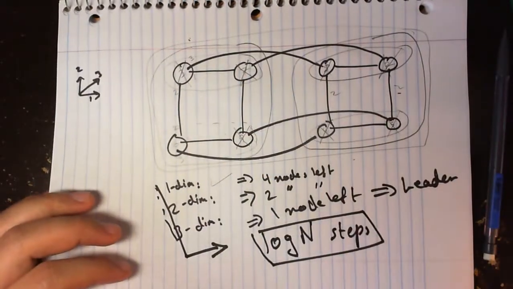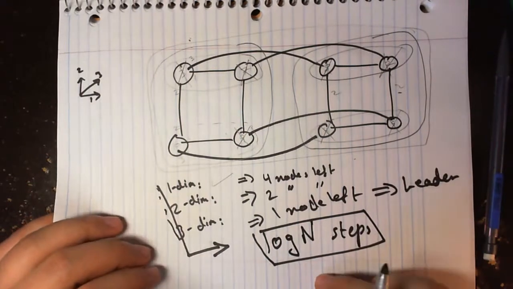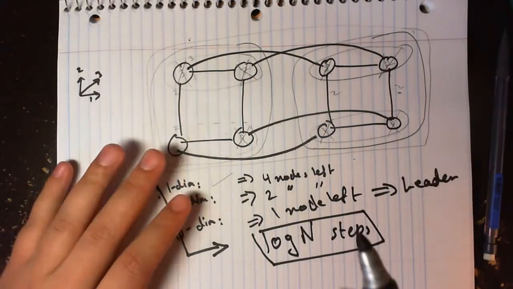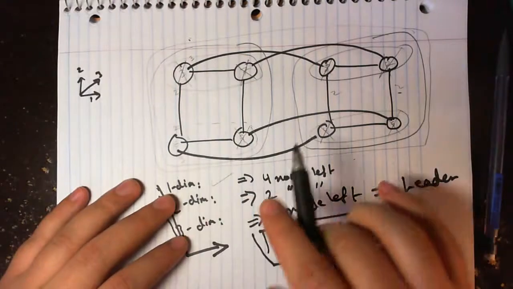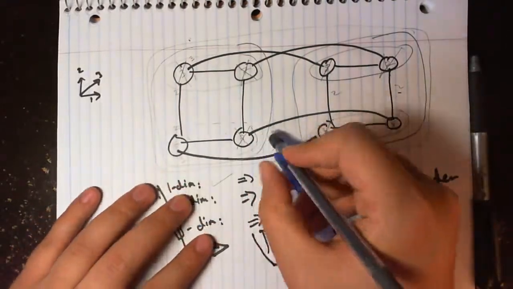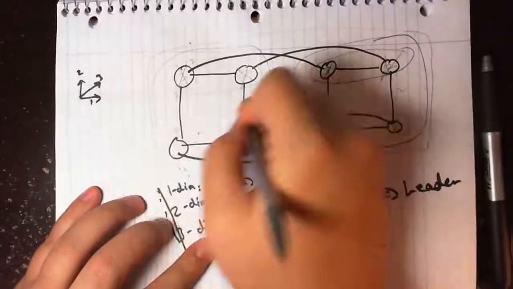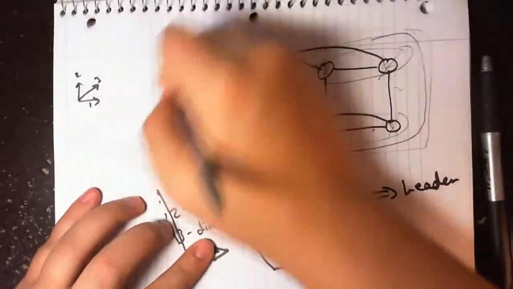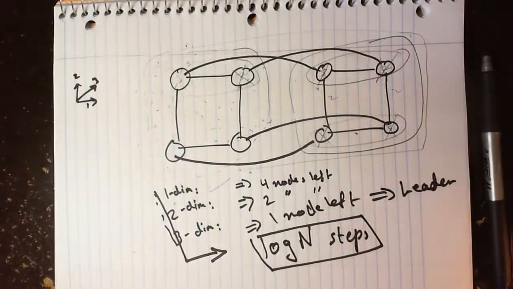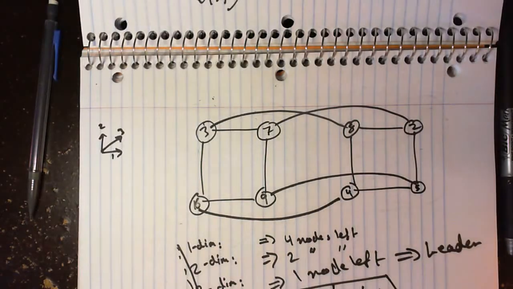Okay. So the key idea here is that if I go back to the example and erase all this, I don't want to draw the hypercube again, so let's just erase all this real quick. Alright, all clean again.